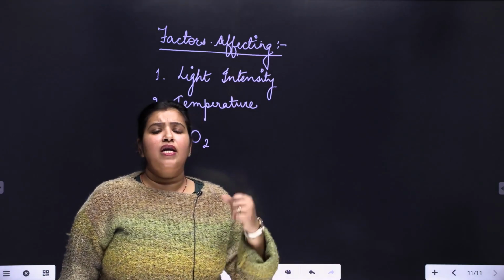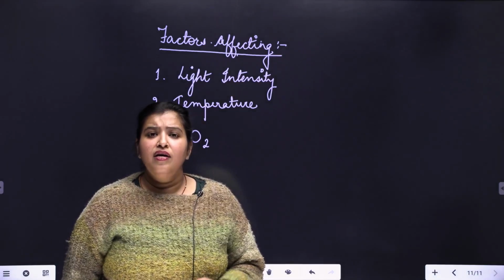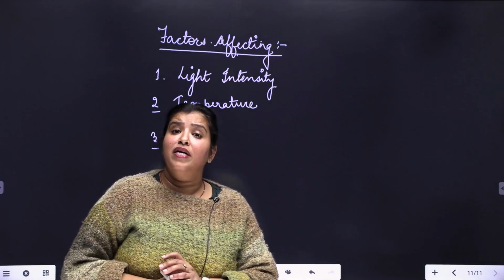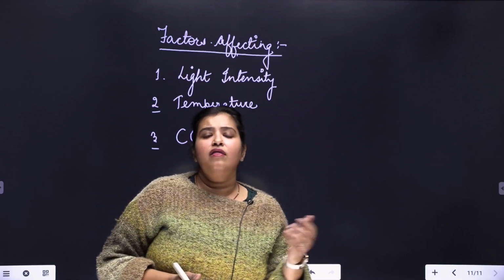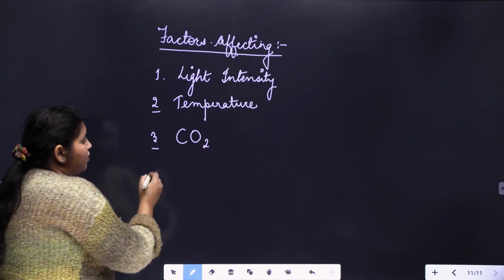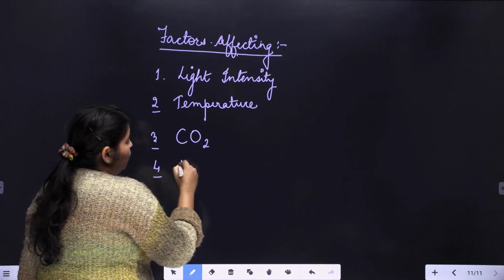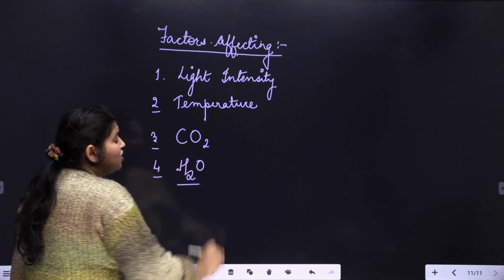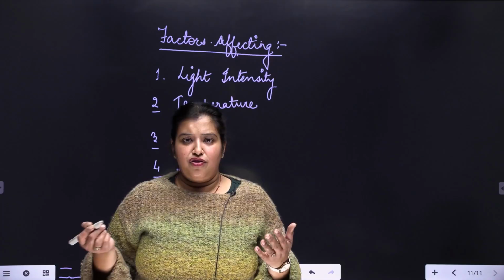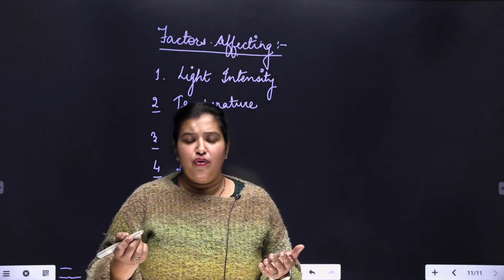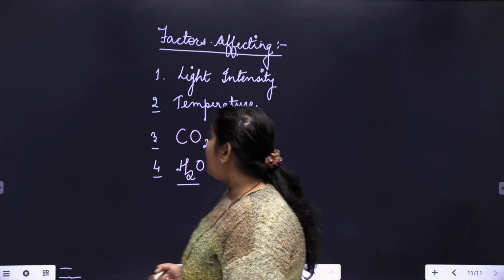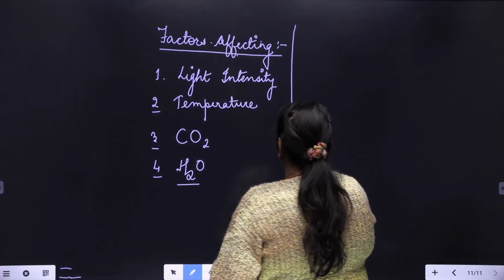So plants can utilize that amount of carbon dioxide, and if the levels of carbon dioxide increase much more in the plant body, then the rate of photosynthesis will again decrease. Then the fourth one is water. We have already discussed that when the stomata close to prevent transpiration, at that time no gaseous exchange is going to take place, again decreasing the rate of photosynthesis. So these are the factors which affect the rate of photosynthesis.